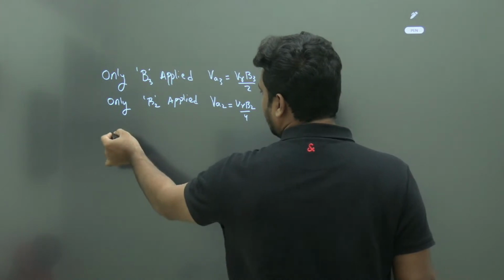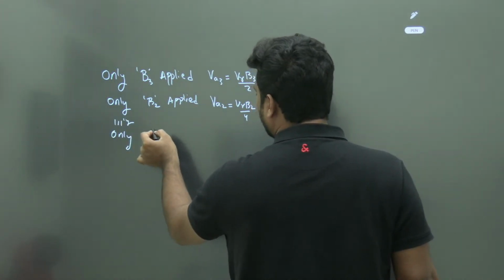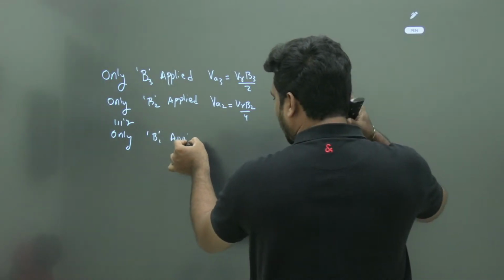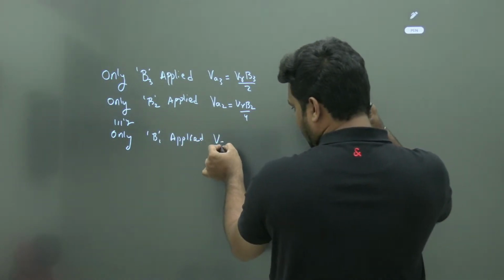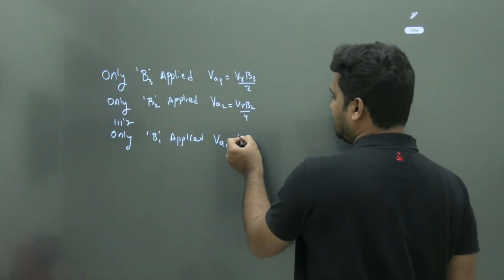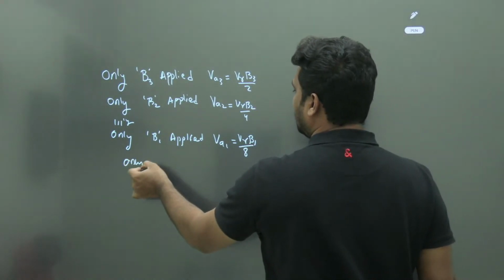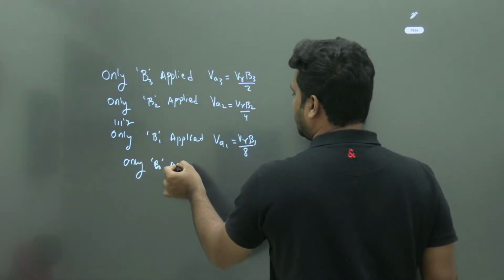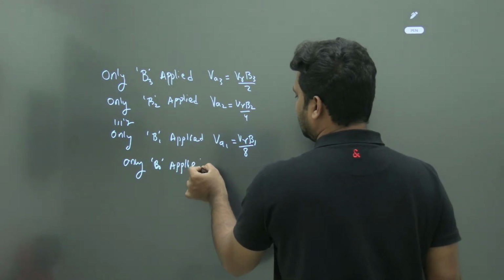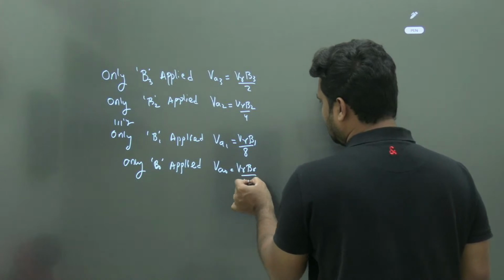Then based on this, similarly I can say when only B1 is applied, and only B1 is applied, what is your VA1, sir? VR into B1 by 8. And if only B0 is applied, VA0 equals VR into B0 by 16.